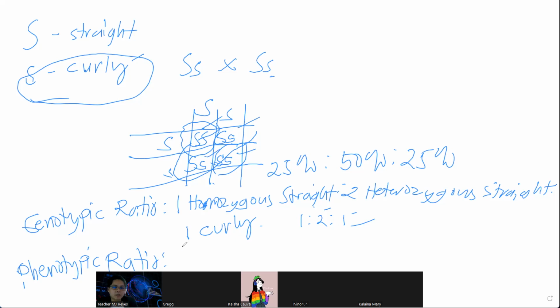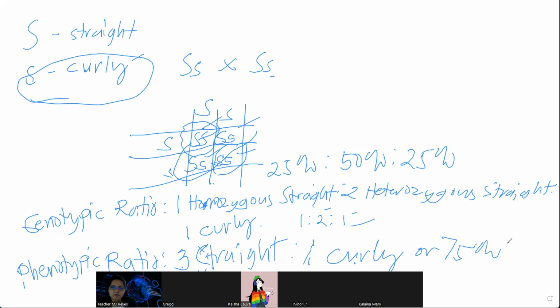So we have 3 straight to 1 curly, or 75% straight to 25% curly. Okay?